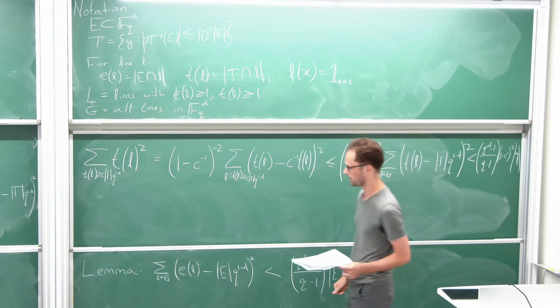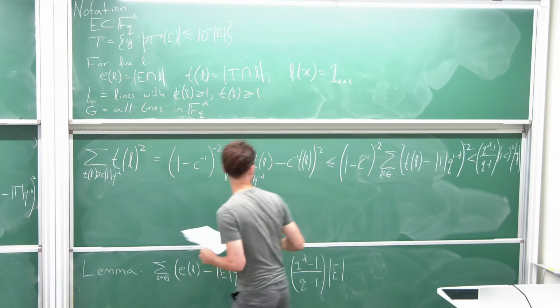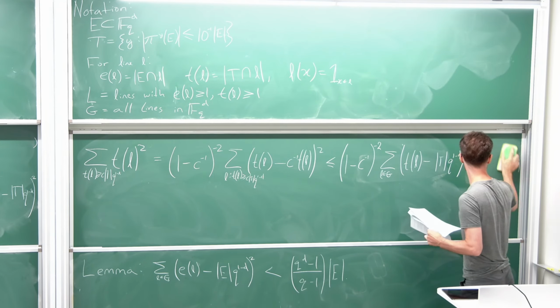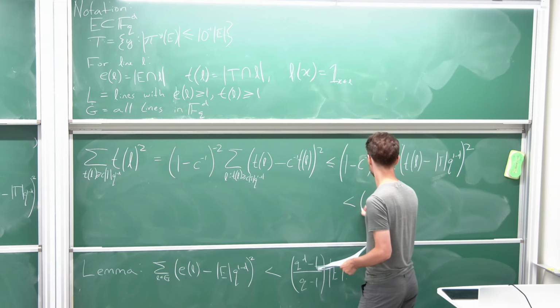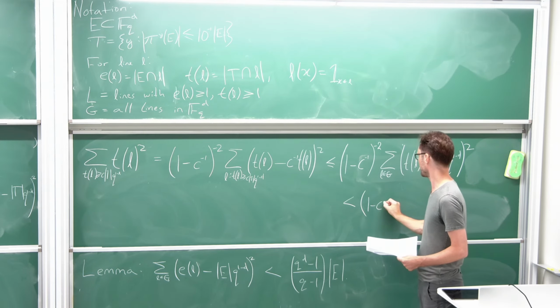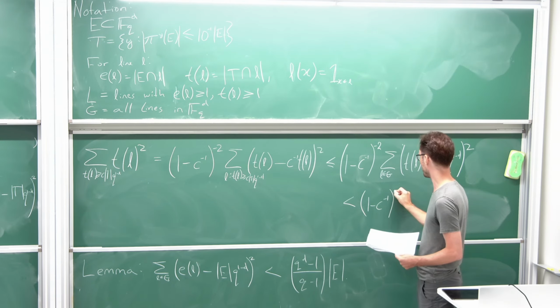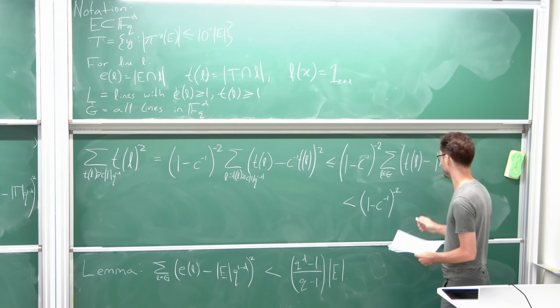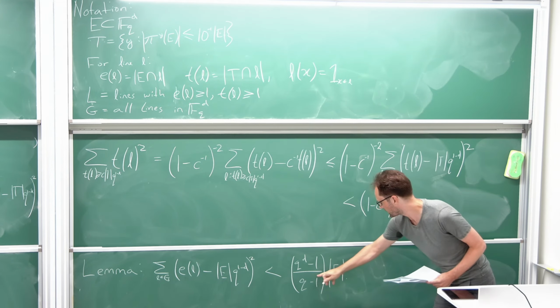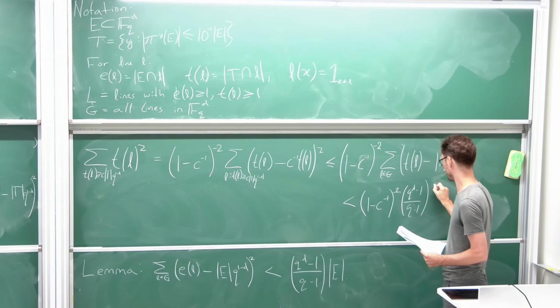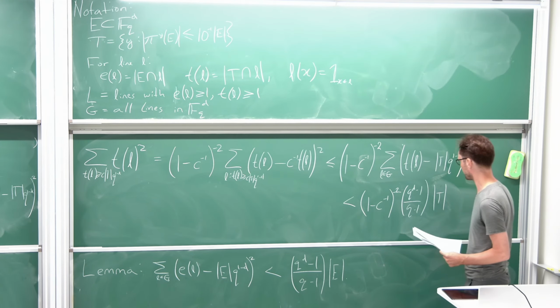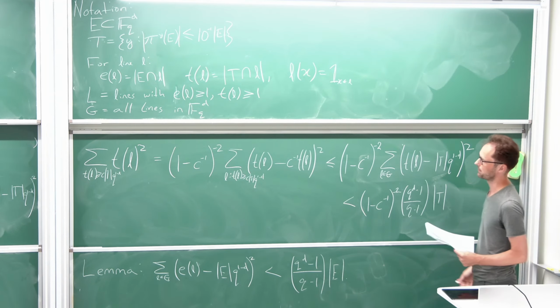I'm just going to write it on the next line. So here's the 1 minus, here's the constant term we pulled out. And then we have these terms down here. And that's what we have here.